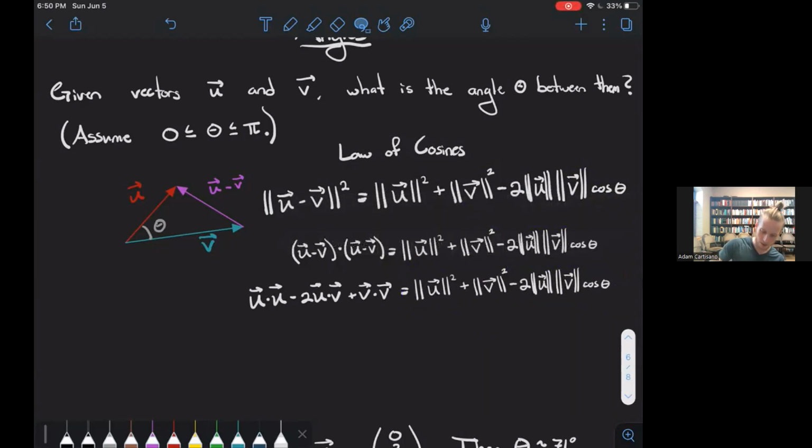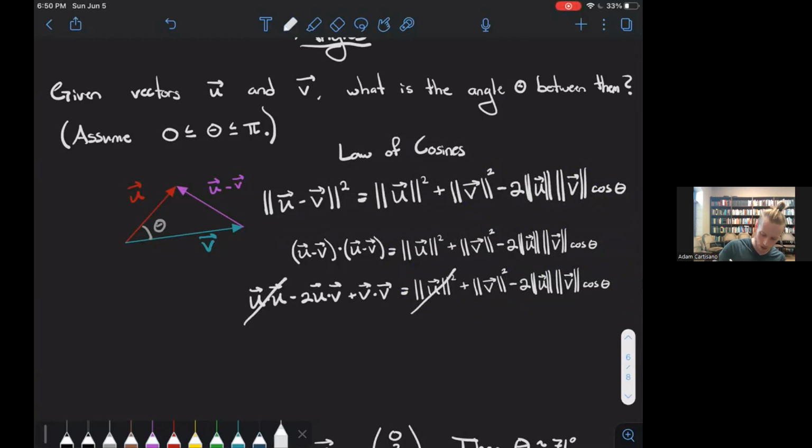Remember, u dot u is exactly the norm of u squared. That's the property that we used to start this whole left-hand side procedure, which means I have the same object on the left and right, the same value being added. I just subtract it from both sides. It just has two different names on each side of the equation.